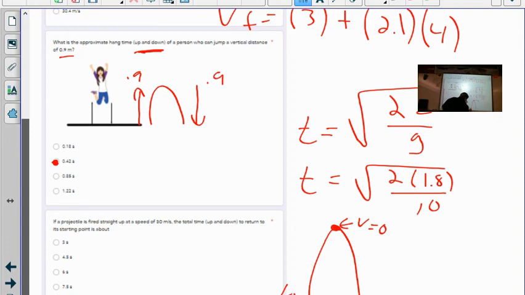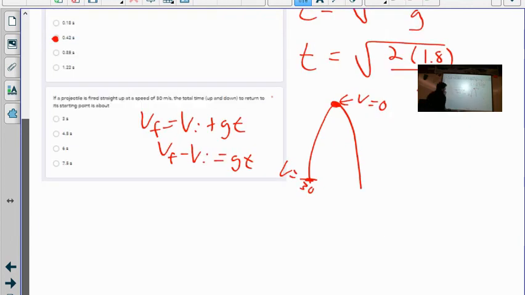Here, its velocity equals 30. And so I would say VF equals VI plus GT. And then I'm looking for my time, so I would subtract out VI. So VF minus VI is equal to GT.